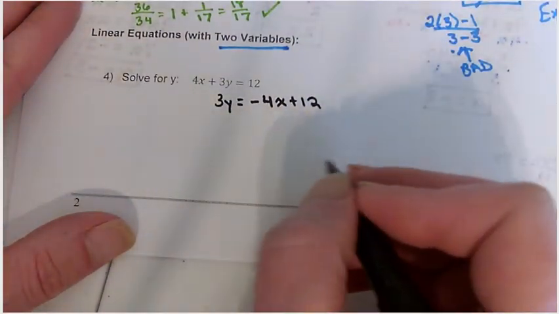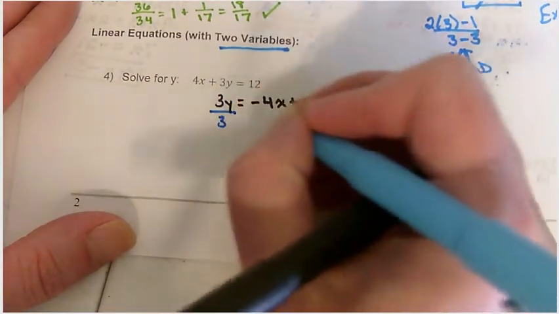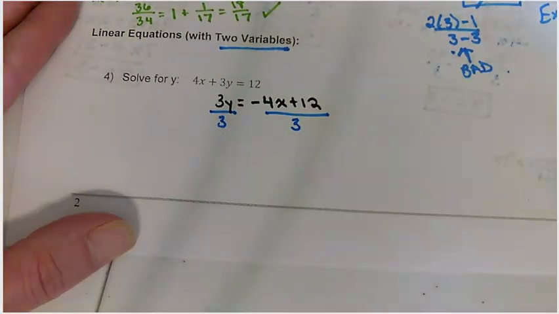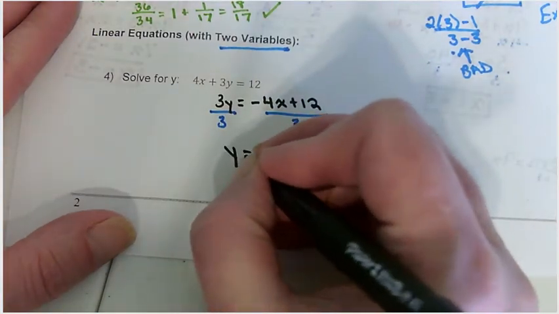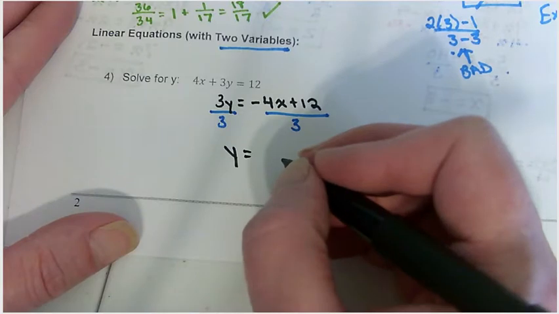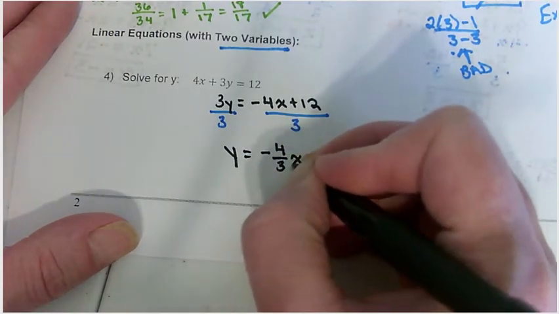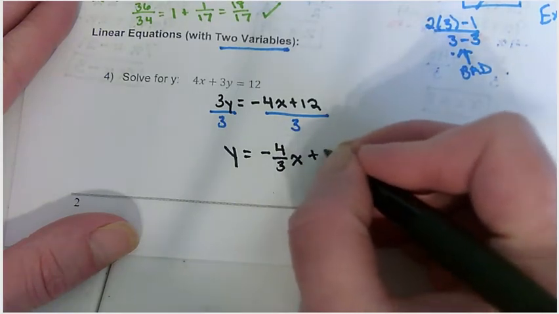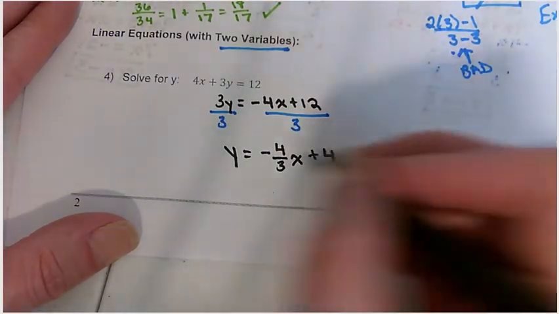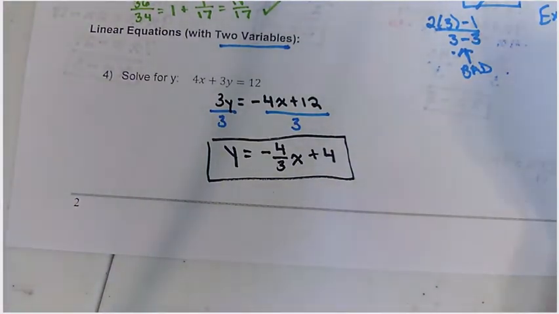Then I still want to get y by itself, so I'm going to divide both sides by 3 and get y equals negative 4 divided by 3 would be a negative 4/3 x plus 12 divided by 3 is 4. And now it's ready for further work, like graphing it or something like that.